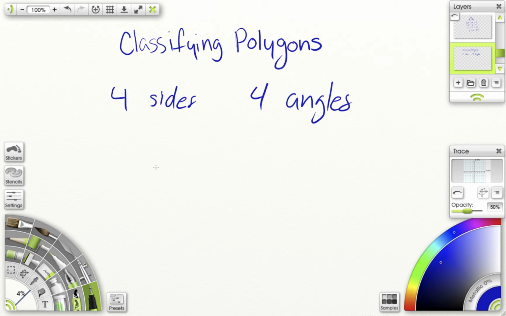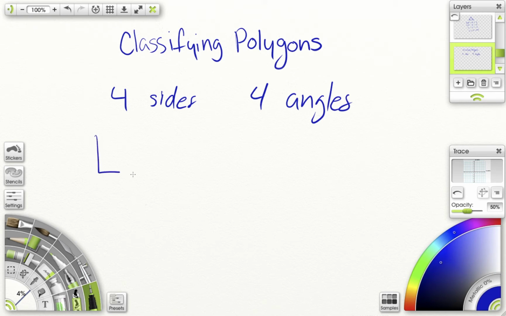So if you came up with a really wacky shape, you have to pay attention to how many angles this shape has. 1, 2, 3, 4, 5. So what we're trying to do is name shapes that have the same amount of angles and sides. So how many 4-sided shapes can you think of that have 4 angles?